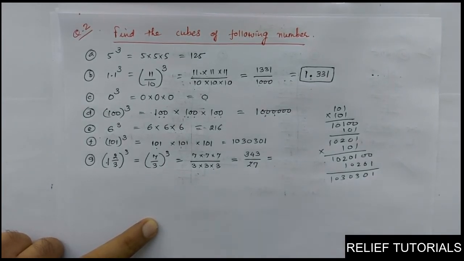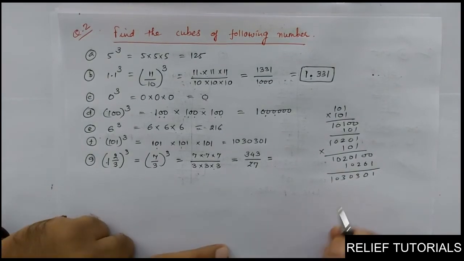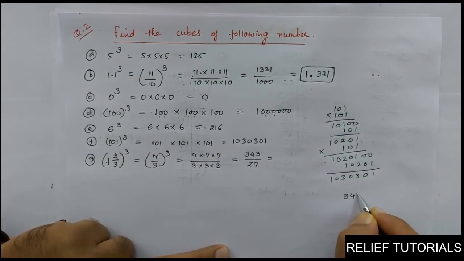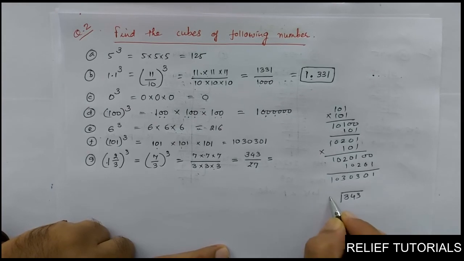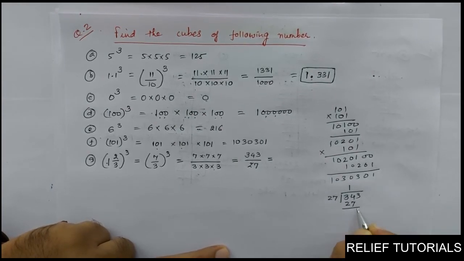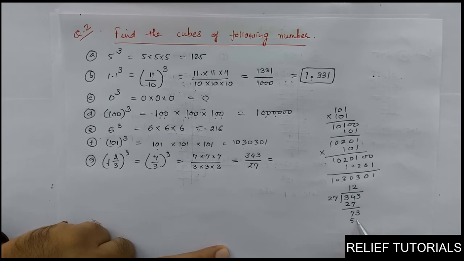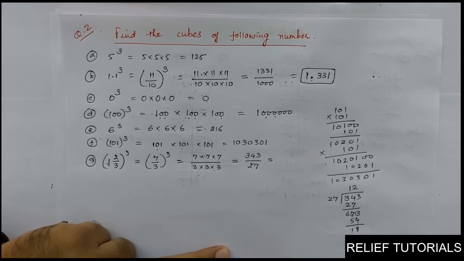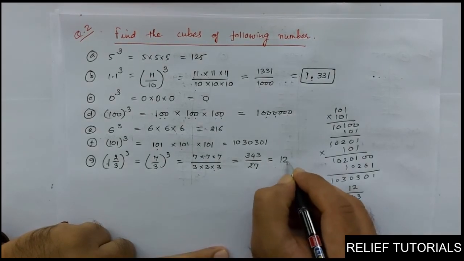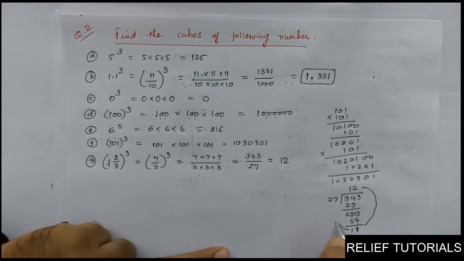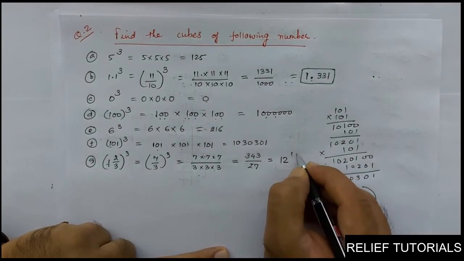Now if you want to convert it into a mixed fraction, you can divide 125 by 27. So 27 4s are 108, and 17 is left. So it is 4 integer 17 by 27.